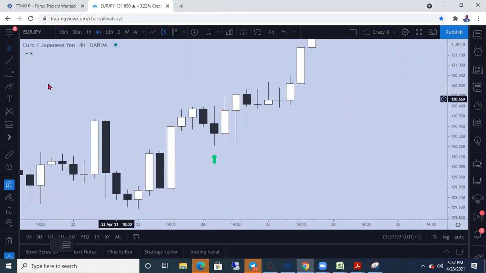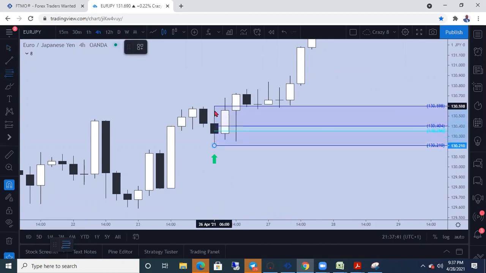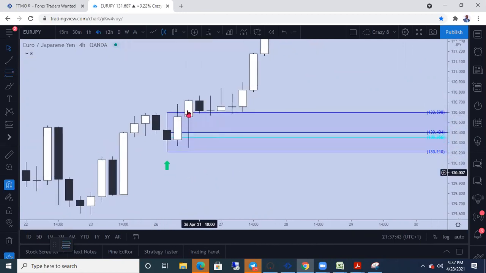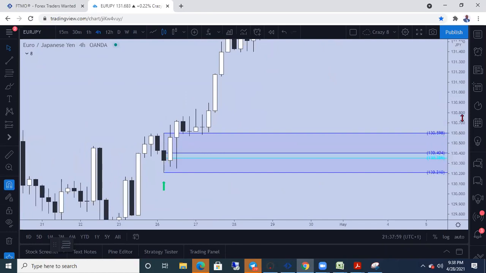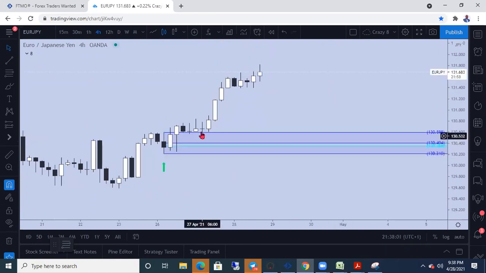Again, this is a bullish engulfing candle. So we would fib from this point to this point. This arrow would have appeared after price closed, after this, will I call it a hammer now, formed. Our bias will automatically become a buy, and we can buy anywhere within this zone.